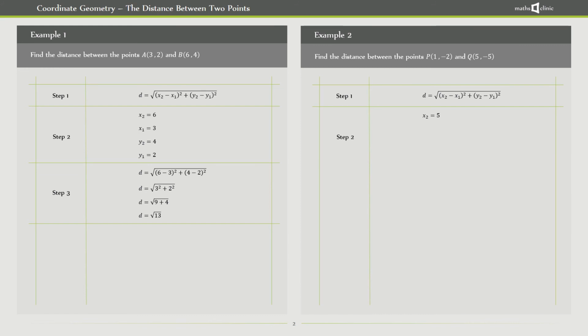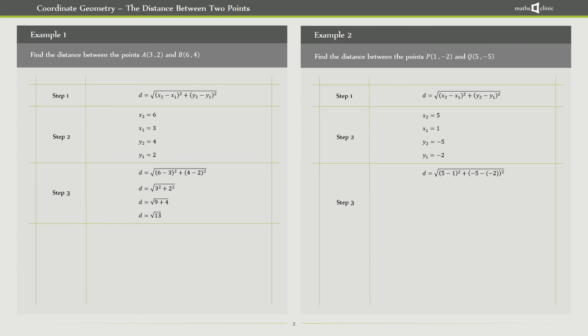And x1 would be in p because p is our first point, so our first x value there is 1. Then y2 is our y value on our second point, that is q, which is minus 5. And y1 is minus 2.